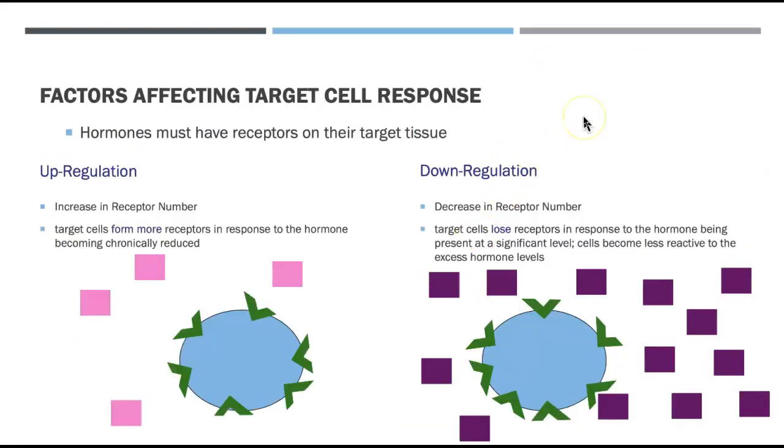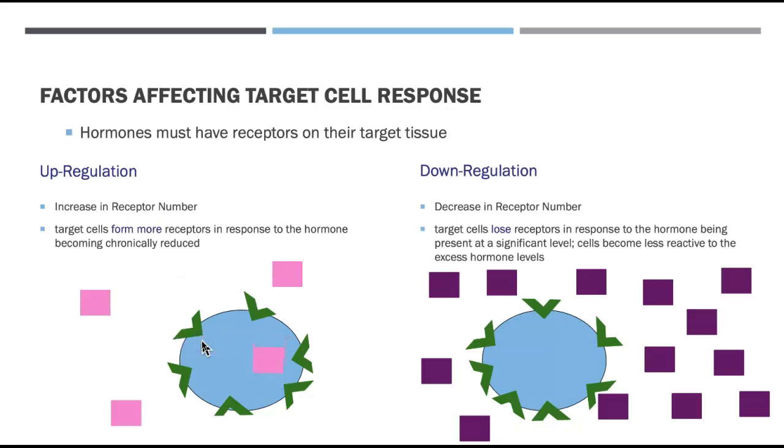Now, what are the factors affecting target cell response? We know by now that our hormones have to have receptors on their target tissues in order to work properly. So sometimes in upregulation, we can have a stimulus that causes an increase in the synthesis of receptors for a hormone, and this would then increase our sensitivity to that hormone.